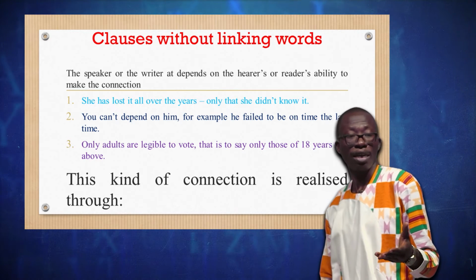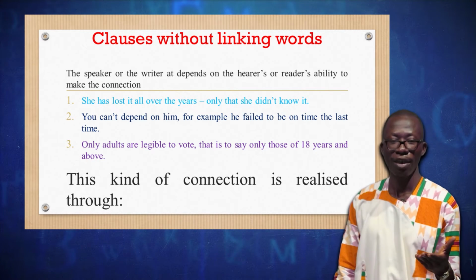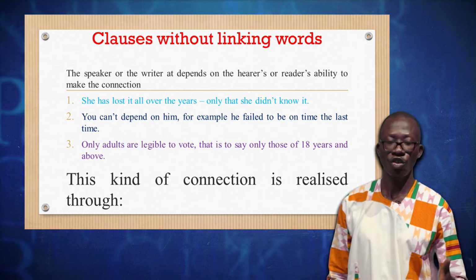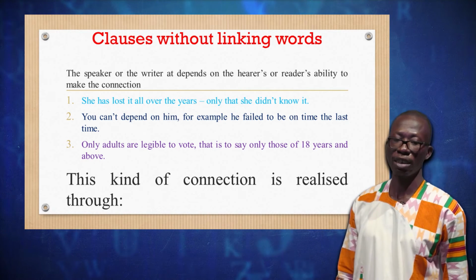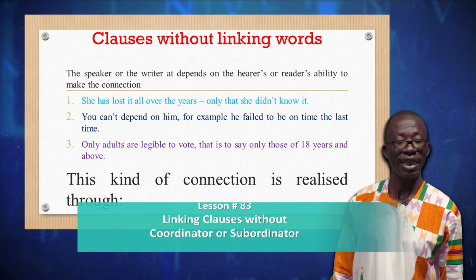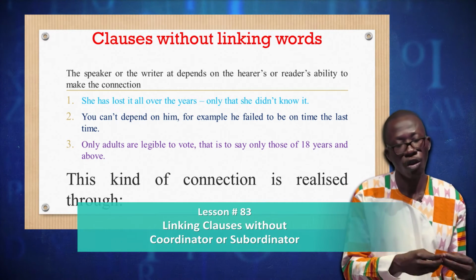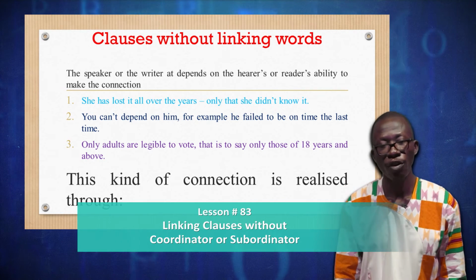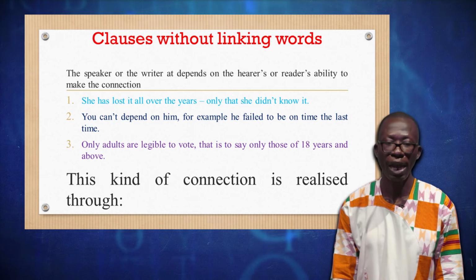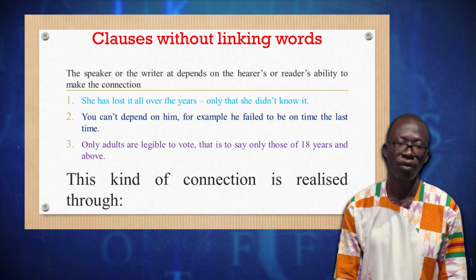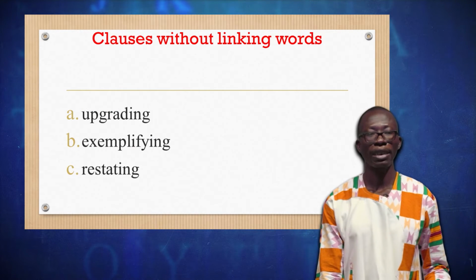So we have the three sentences where connection is established between the clauses in each of these sentences. And we say that we can realize this type of connection when we do not use subordinators or coordinators in the following ways. One, by doing what is known as upgrading.